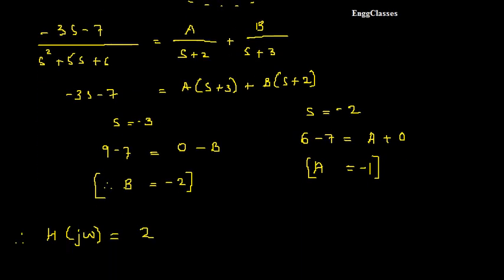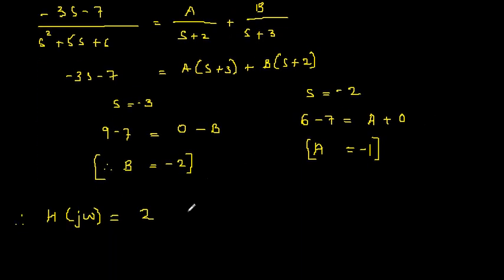So let me write that: a is minus 1, so I will write minus 1 divided by 2 plus s, and in place of s I would put j omega back, correct? Because we made the adjustment that s equal to j omega for simplicity. Now I am putting it back.